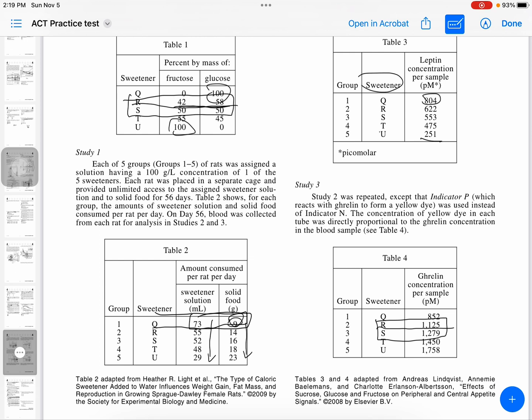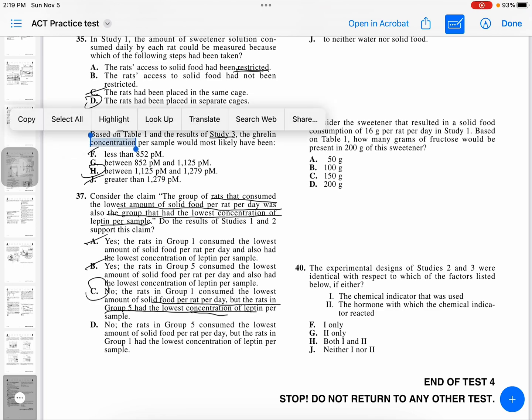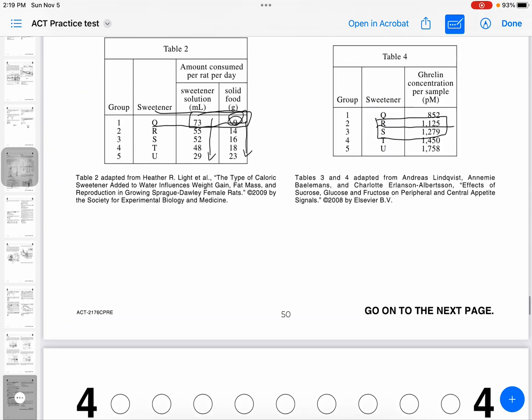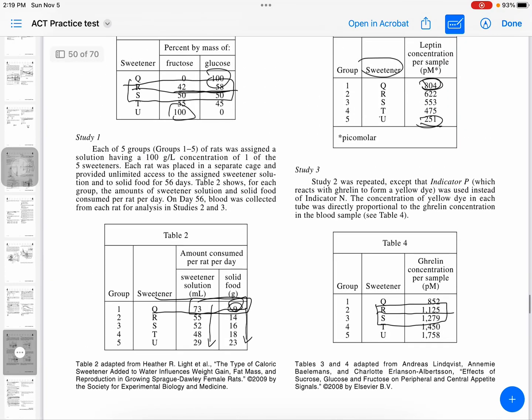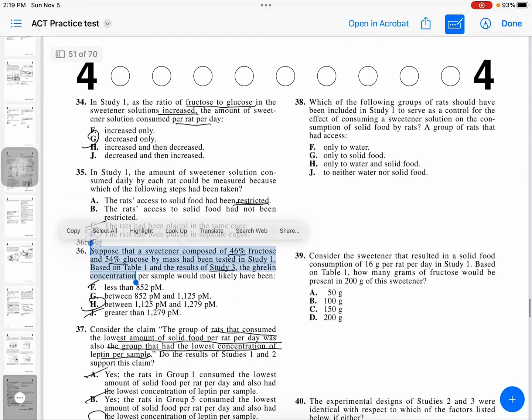Correct. Oh, sorry, lowest. Group 5, okay, yeah, so correct. Group 5 had the lowest concentration of leptin, and group 1 consumed the lowest amount of food.